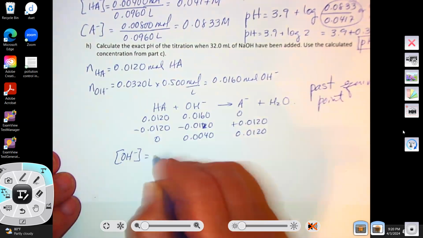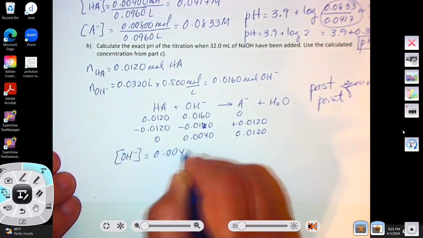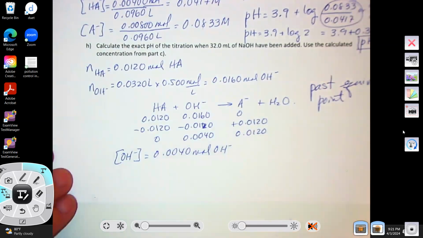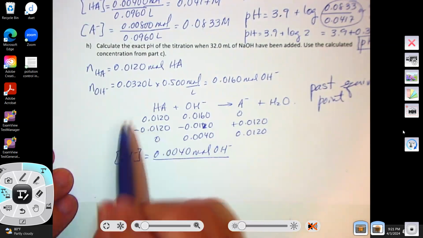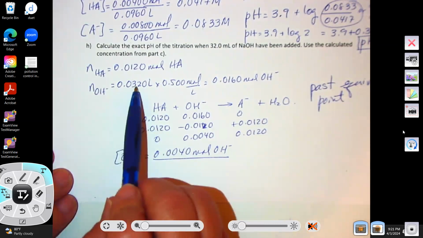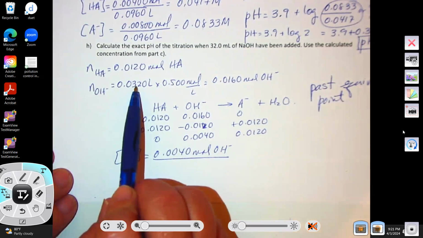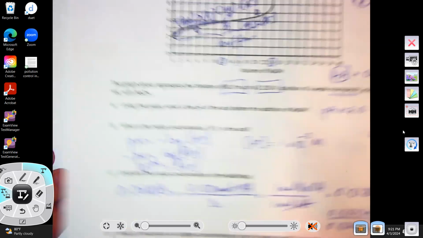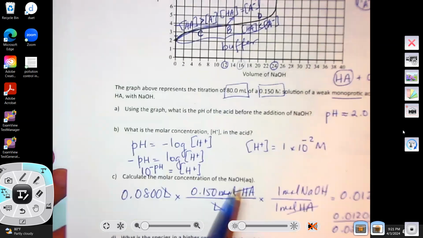So then the OH is the one that is going to determine the pH, which means we need to calculate the concentration of OH by dividing the number of moles of OH that we have left after reacting with the acid by the total volume. And remember, the total volume is going to be the 32 milliliters plus the 80 milliliters that we're starting with. Remember, we started with 80 milliliters of the weak acid.